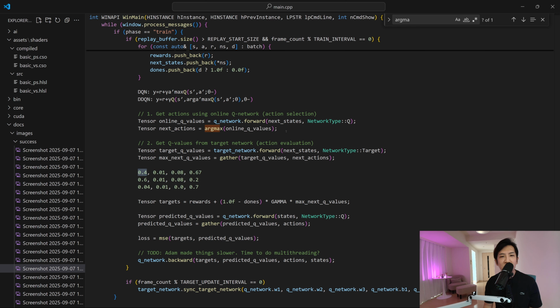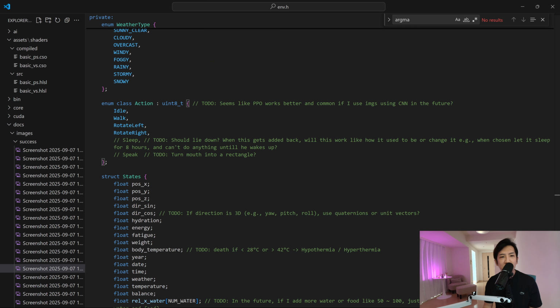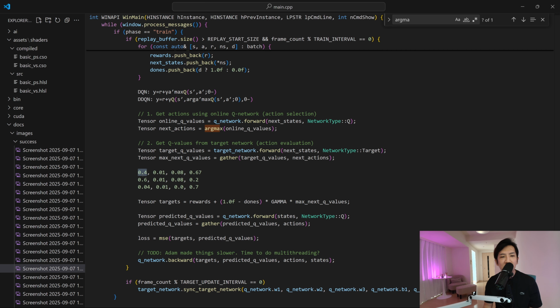So this Q neural network thinks if the AI chooses the idle for the next step, he may gain more reward. And for the next row, maybe in next actions would be index 1, and this would go on for number batch size.